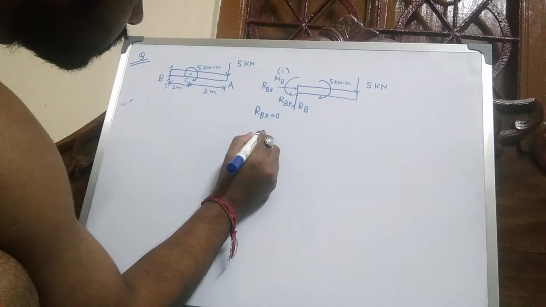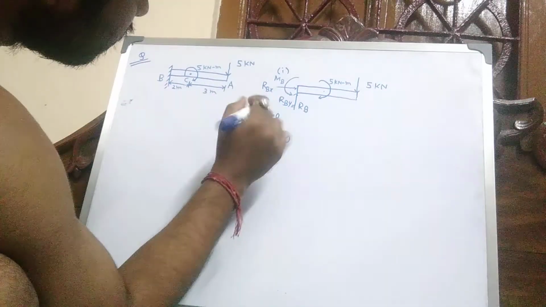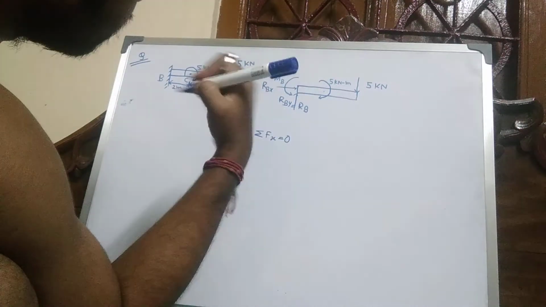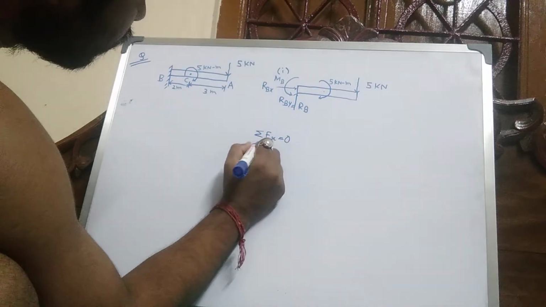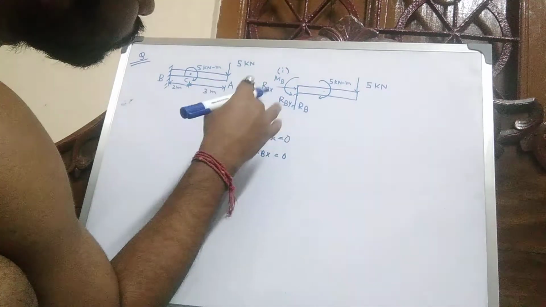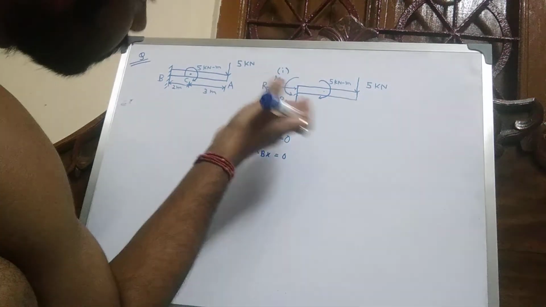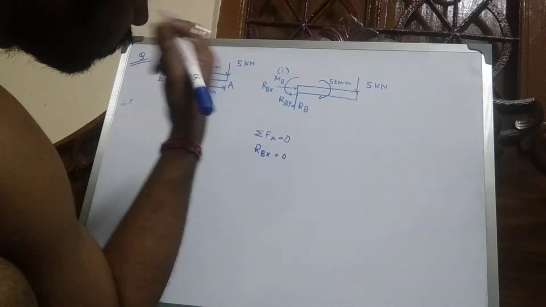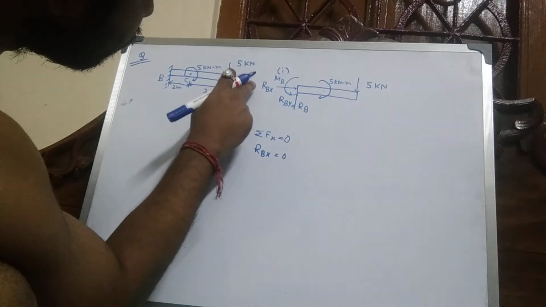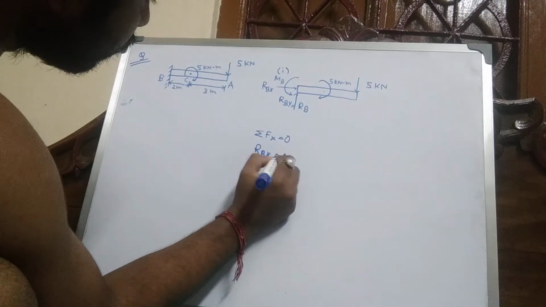Now summation of Fx equal to 0. Applying static equilibrium condition, summation of Fx equal to 0, Rbx equal to 0. There is no horizontal shear force, only horizontal reaction force is Rbx, so this is 0.